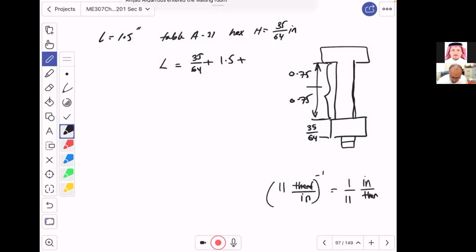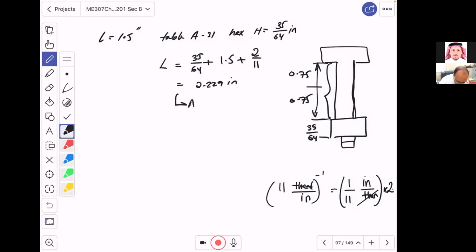If you multiply this by 2 threads, you will be left with 2/11 as the length of the 2 threads. With that, you will end up having the entire length of the bolt. So the total length here is going to be 2.229 inches.